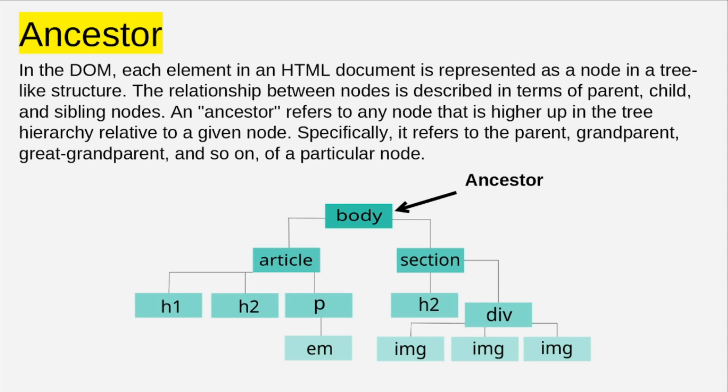The relationship between nodes is described in terms of parent, child, and sibling nodes. An ancestor refers to any node that is higher up in the tree hierarchy relative to a given node. Specifically, it refers to the parent, grandparent, great-grandparent, and so on of a particular node. In this chart, you see we have the body element as an ancestor.